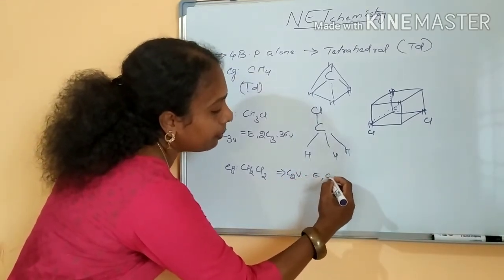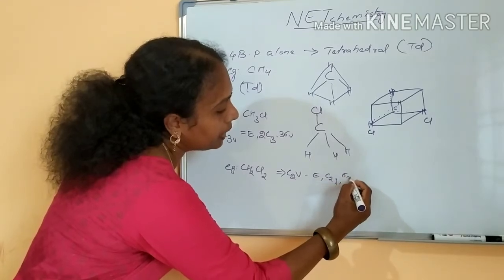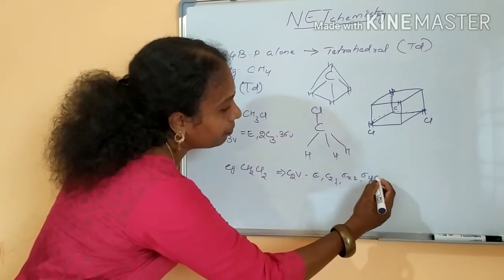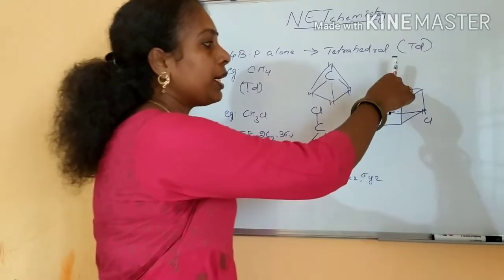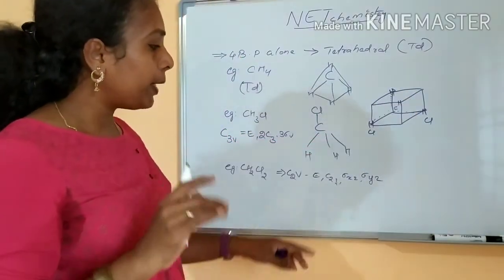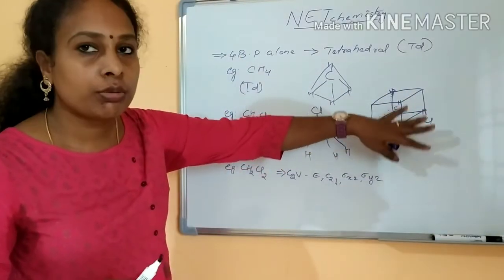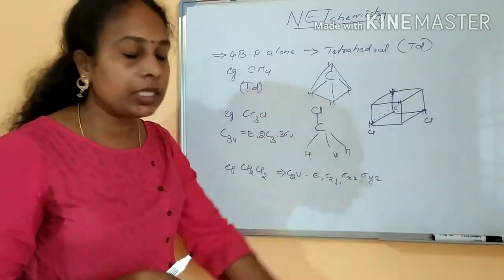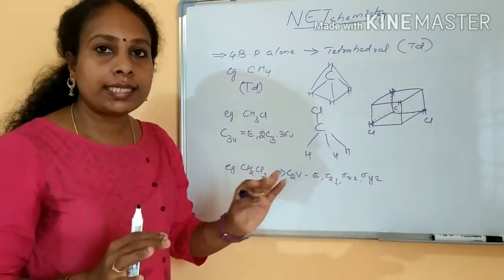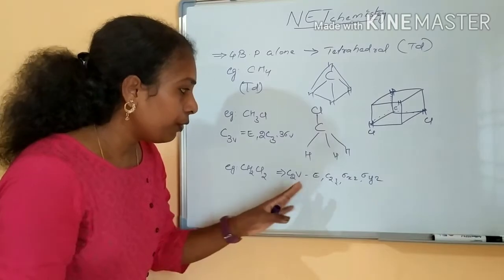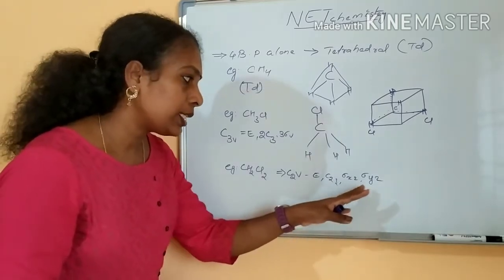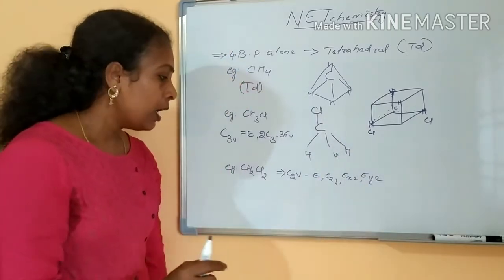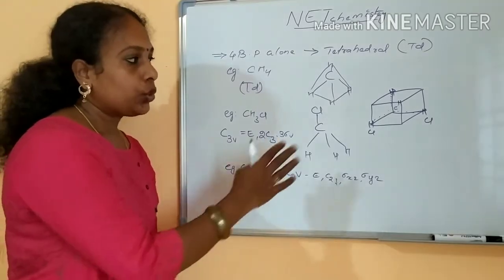The symmetry elements are E, C2(z), sigma xz and sigma yz. You know the C2 axis is through carbon, and there are two molecular planes, one through the two chlorine atoms, one through the two hydrogen atoms, and the C2 axis is through the carbon atom. So for the C2V point group, E, C2(z), sigma xz and sigma yz are the symmetry operations of CH2Cl2.